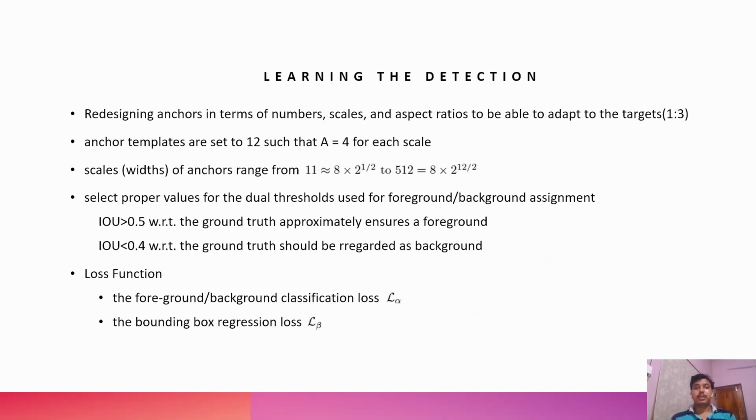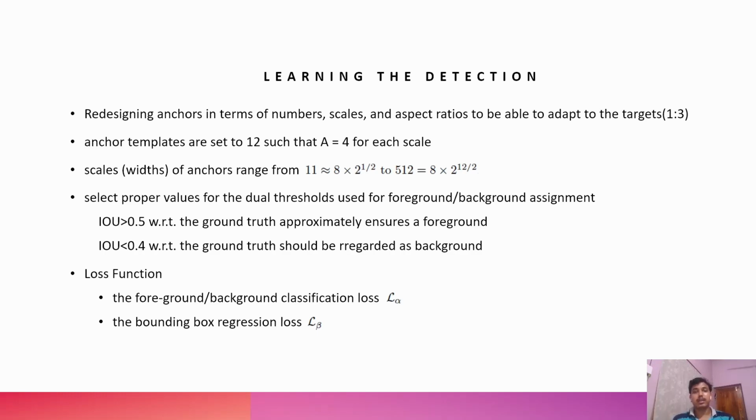So, learning the detection. The first step of learning the detection is redesigning the anchors in terms of numbers, scales, and aspect ratios to adapt to the targets. Here the aspect ratio has been set to 1:3 for better results.